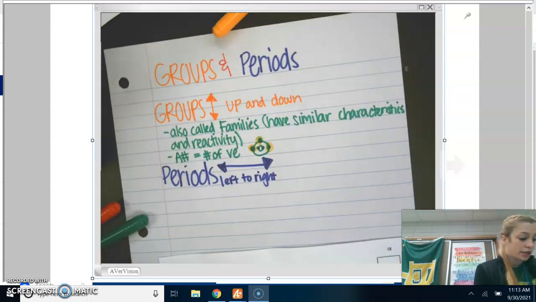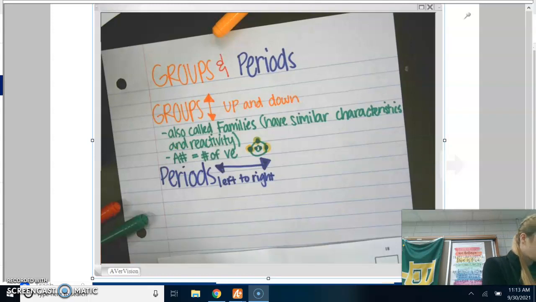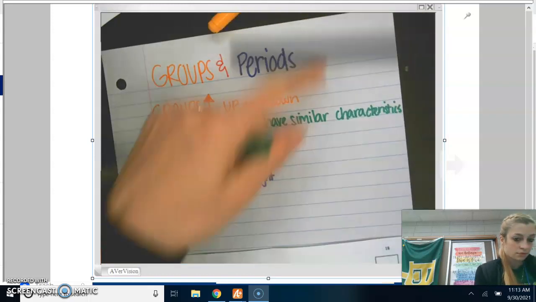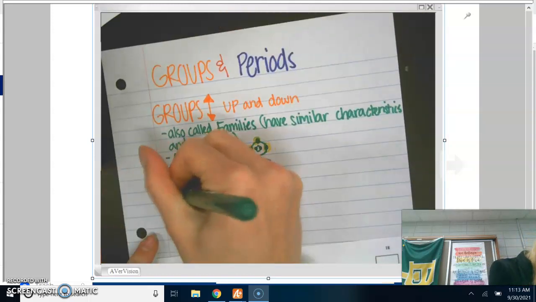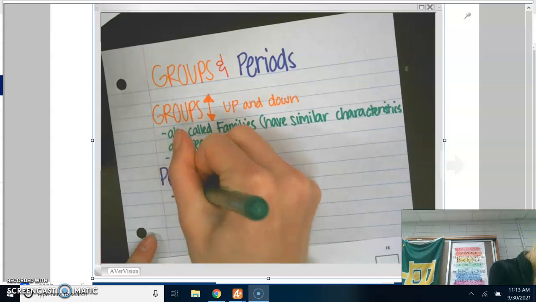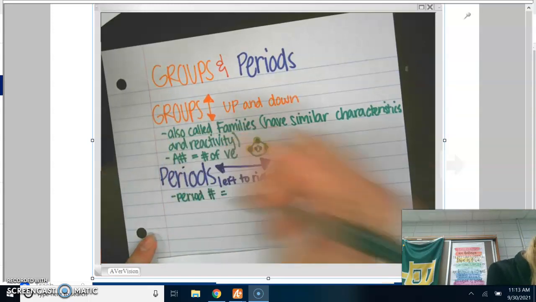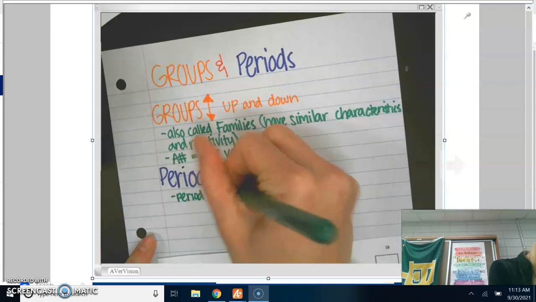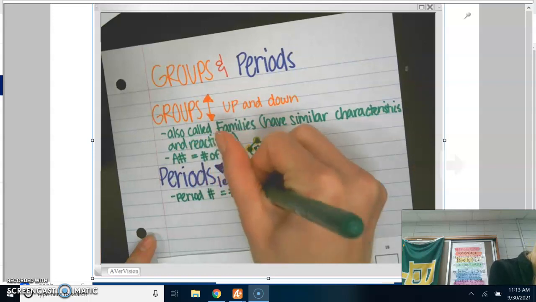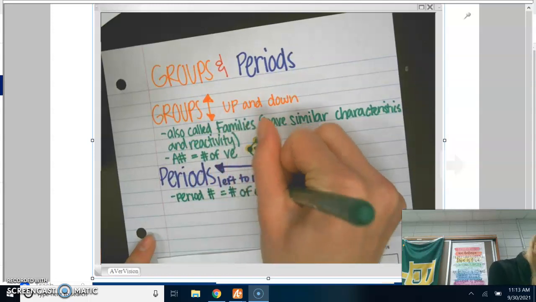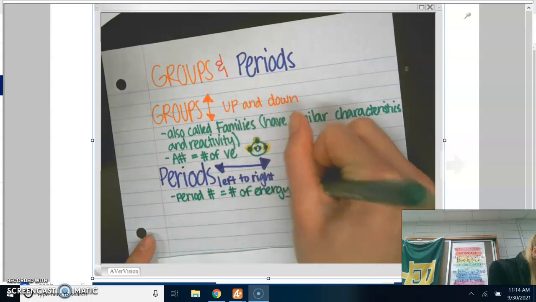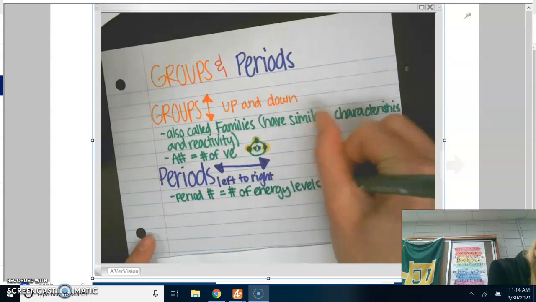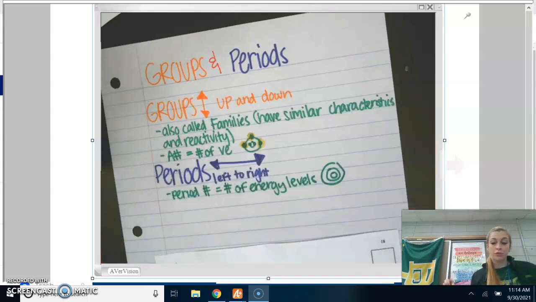And the period number is equal to the number of energy levels. Remember, energy levels are the rings in the electron cloud. They're where the electrons are located.